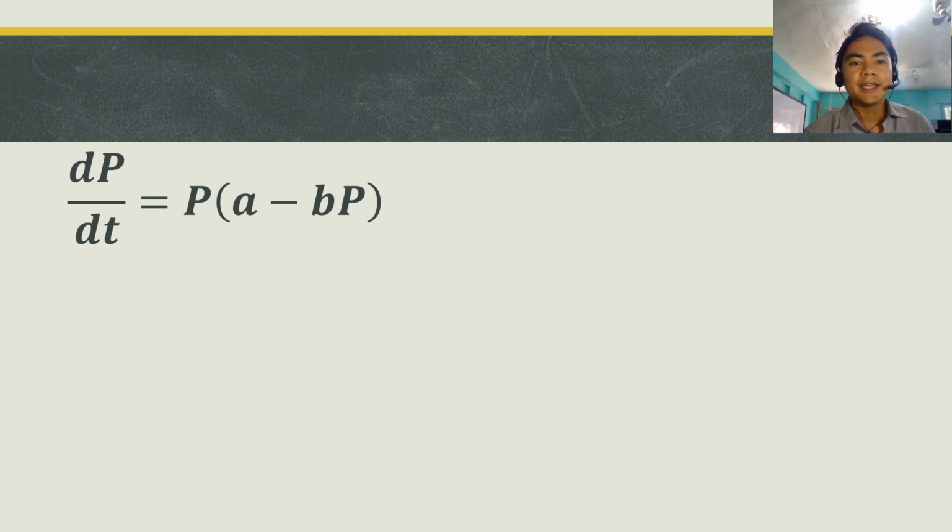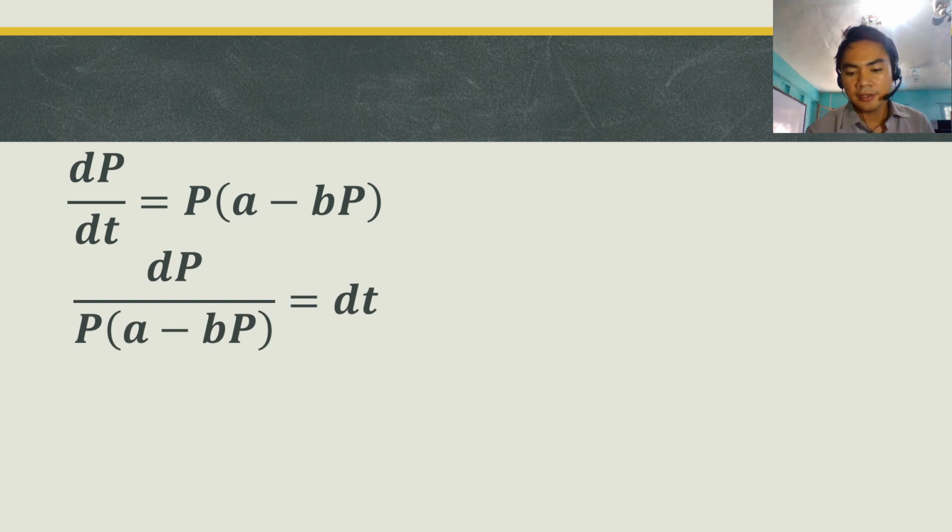As I said earlier, the logistic equation is separable, so we can easily solve it by means of separation of variables. So let's separate the variables. We have dP all over P times the quantity a minus bP equal to dt. Now let's integrate.